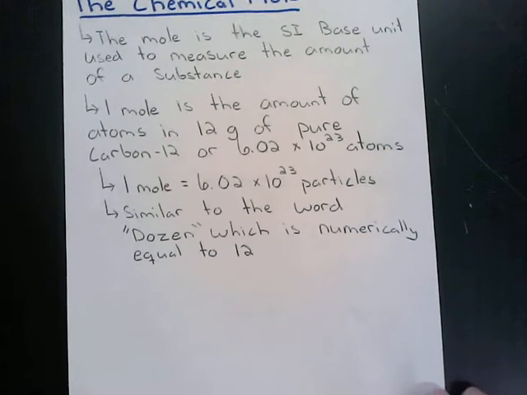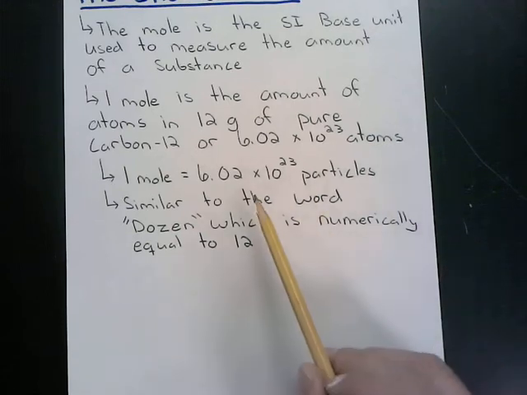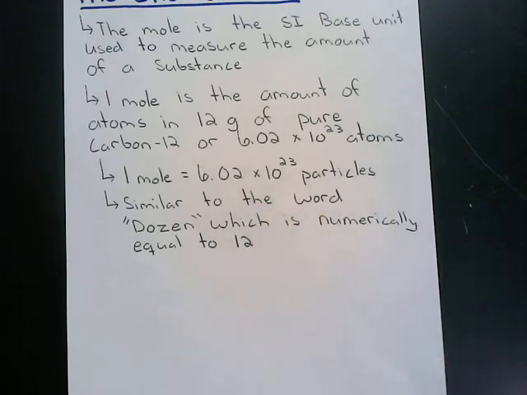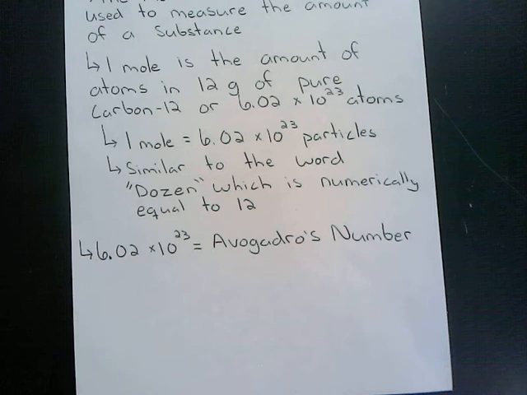Now, if we get a little bit more in depth, this 6.02 times 10 to the 23rd is actually called Avogadro's number. Avogadro's number is a very large number that is used to count the extremely small particles of atoms, molecules, or formula units.